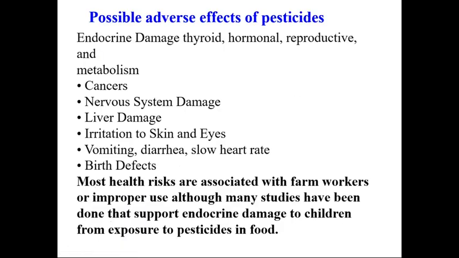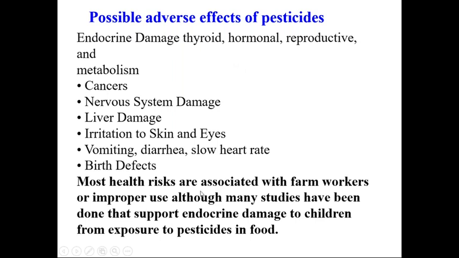So possible adverse effects are that it can damage the thyroid and the hormonal, reproductive, and metabolic pathways, cause cancers, liver damage, irritation to the skin and eyes, vomiting and diarrhea. Most of these adverse effects of pesticides are seen in farm workers who do not use the pesticide in the proper way.